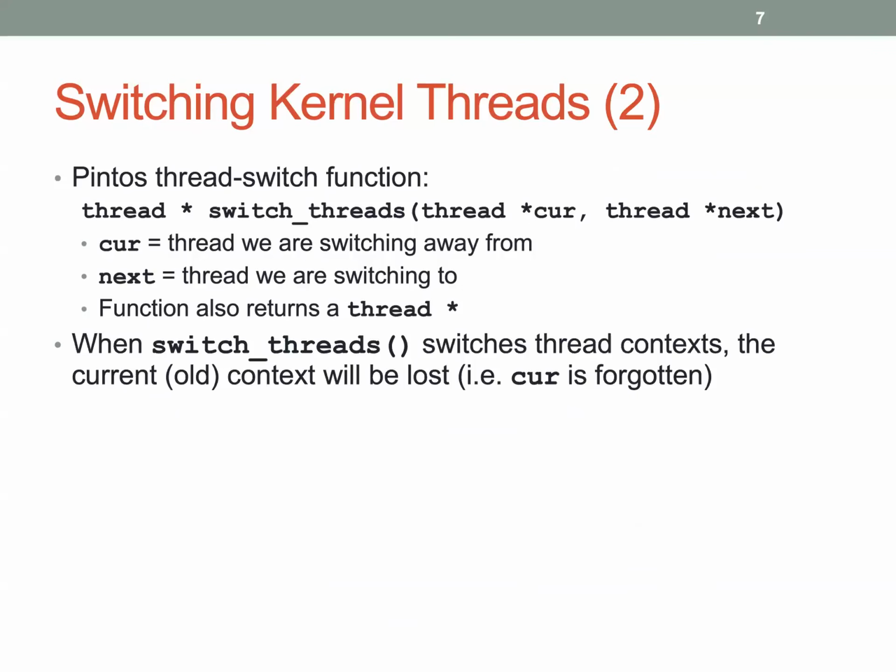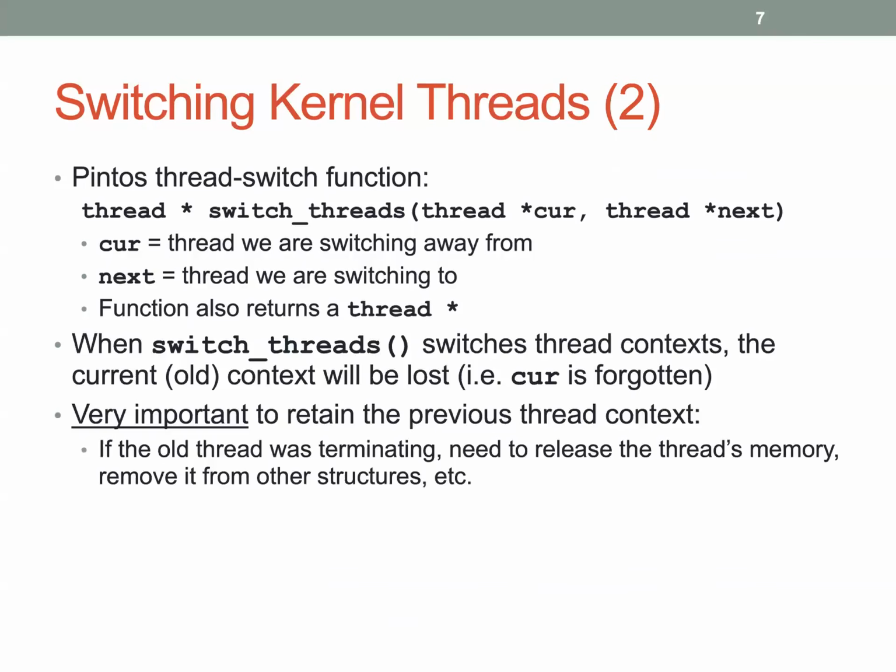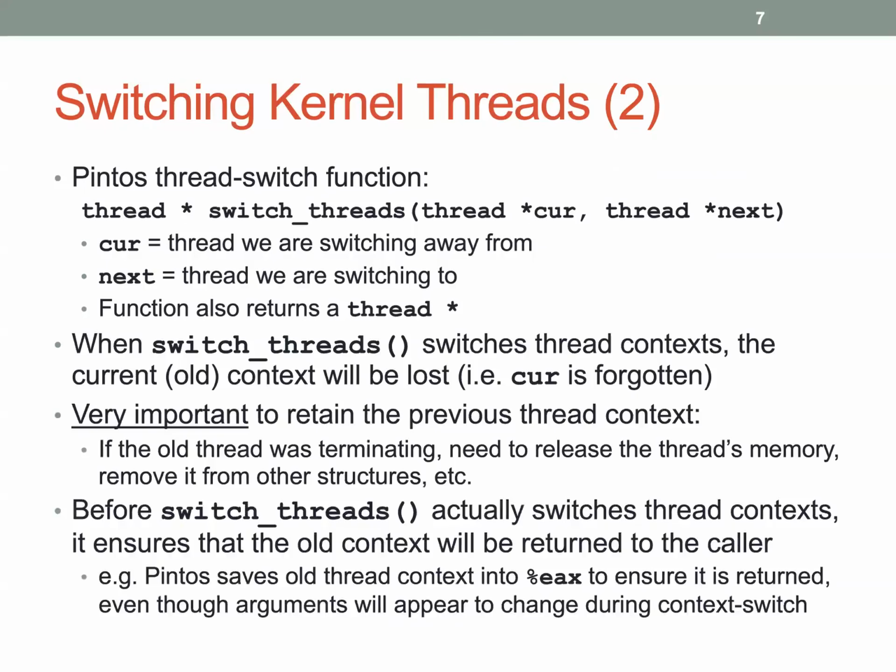And this is another one of those magic functions that's implemented in assembly code. And the way that it works is that it sets up so that the return value from switch threads will be thread A, because that will be lost in the mix.